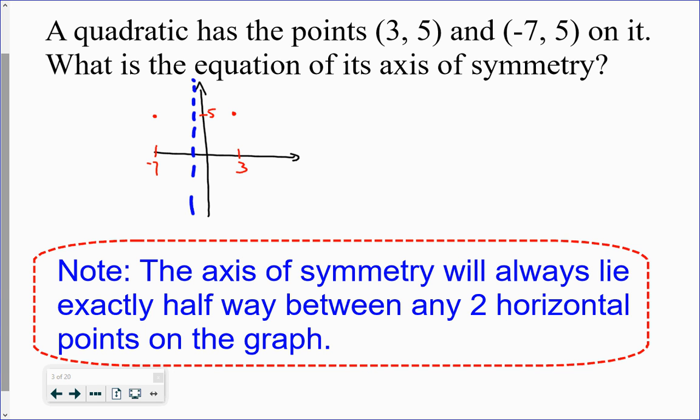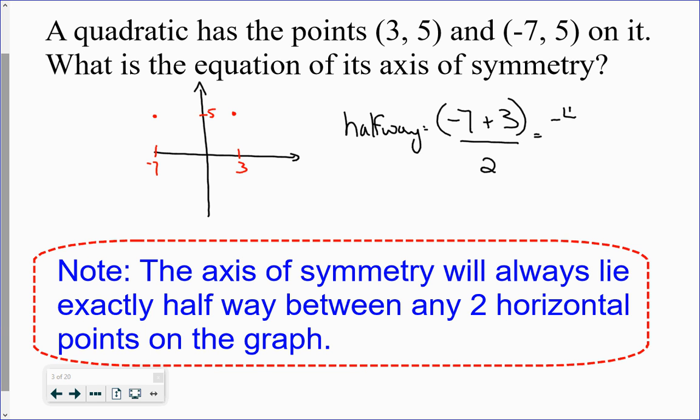So how do you find the halfway point? Well, you can either simply count it out, or if you like to just do the math, you just add up the 2 x values and then divide them by 2. So negative 7 plus 3 is negative 4 divided by 2. So the halfway point is at negative 2. Now you can check to see if you did it right.